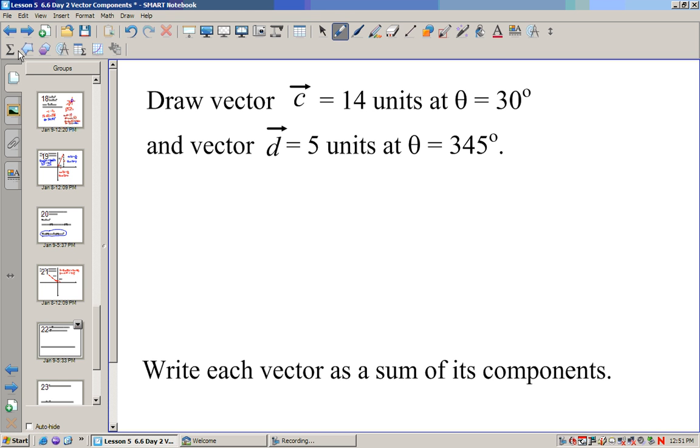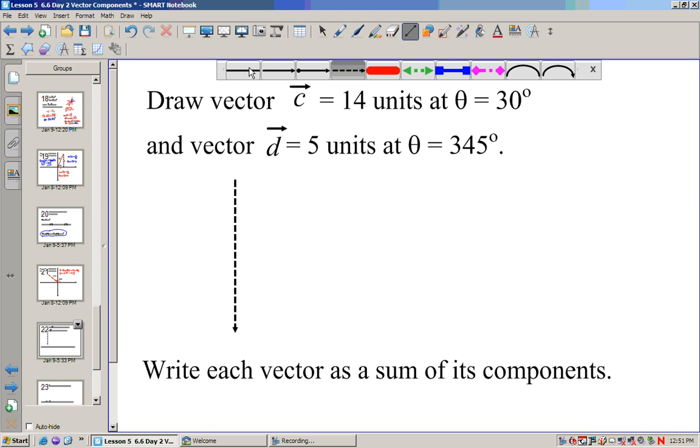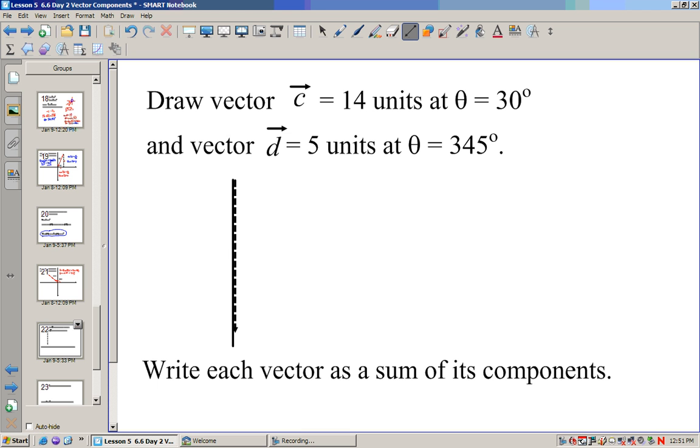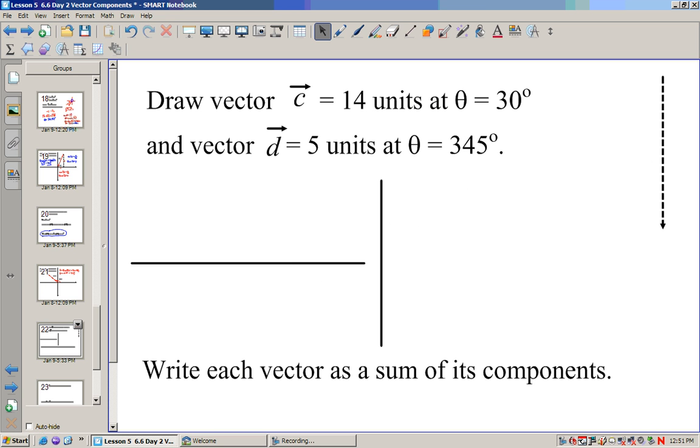Draw vector C at 14 units at 30 degrees, vector D 5 units at 348 degrees. Write each vector as a sum of its components. Alright, so let's do vector C. 14 units at 30 degrees.